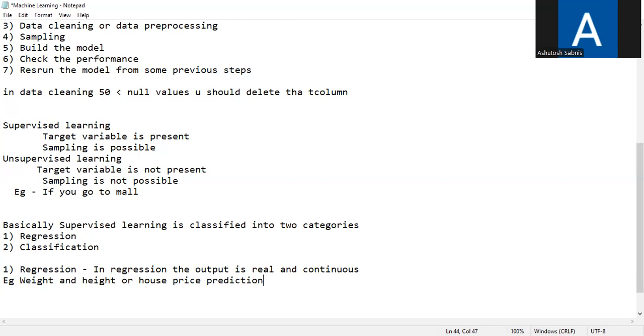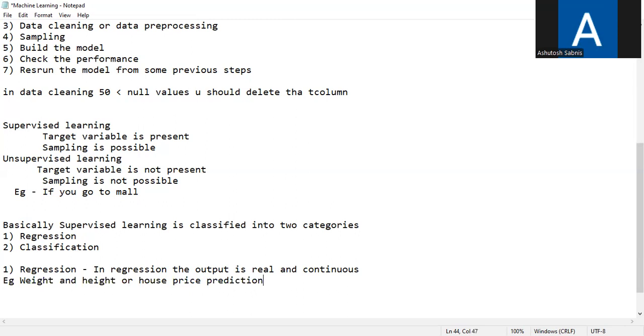Just tell me, is your weight and height constant or is it continuously changing? It is changing, right? After a particular time it changes and it is not fixed. Like your weight is 40 kg right now before eating, and after eating it will be 42 kg. So it is not fixed. And in house price prediction, we are predicting the house price.